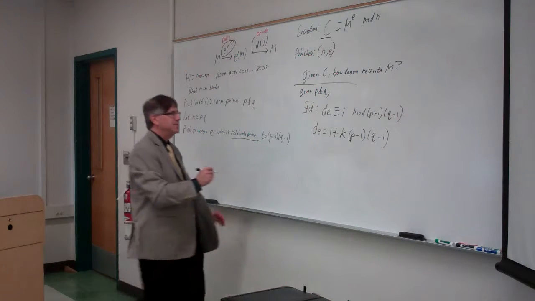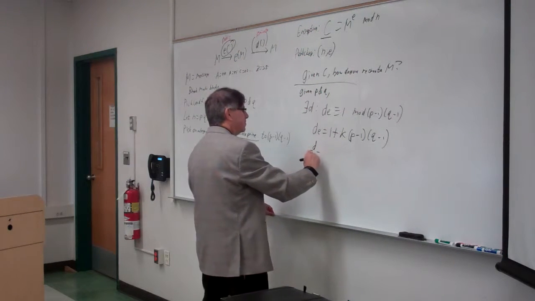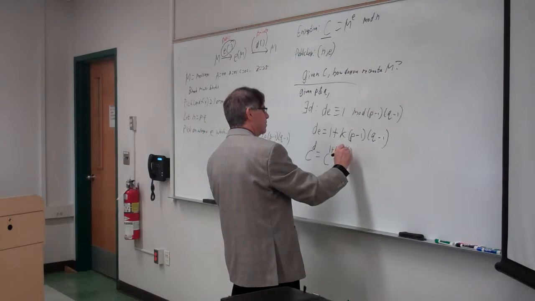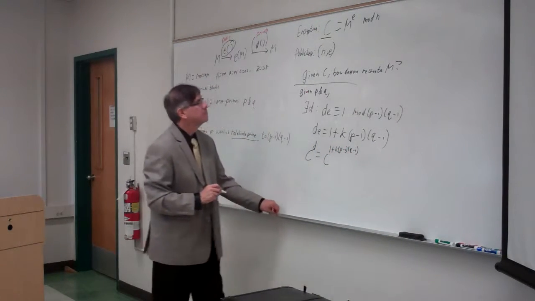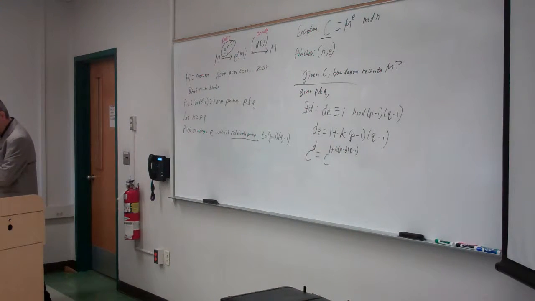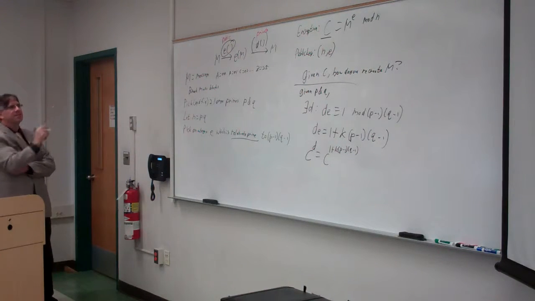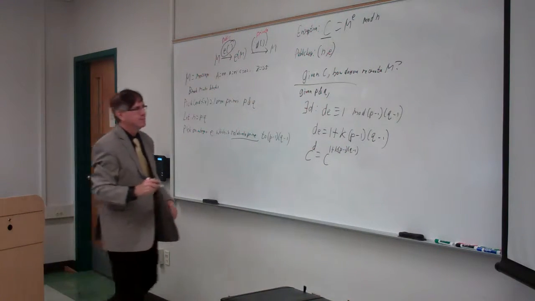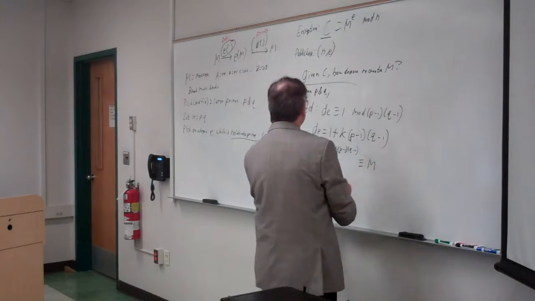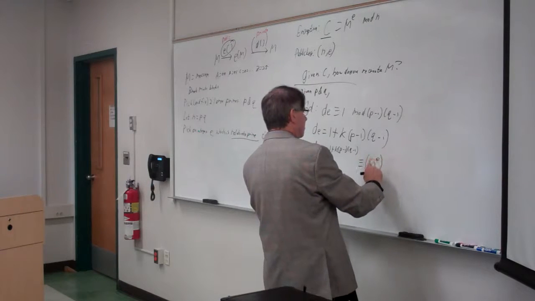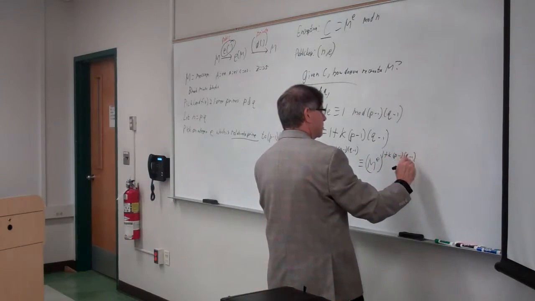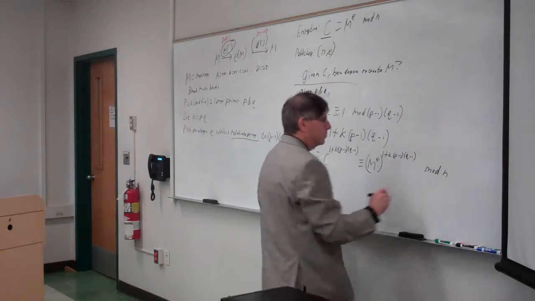So if I take c and I raise it to the power d, that's c to the 1 plus k times p minus 1 q minus 1. And c itself is m to the e, so this is going to be congruent to m to the e raised to the 1 plus k times p minus 1 times q minus 1 modulo n.